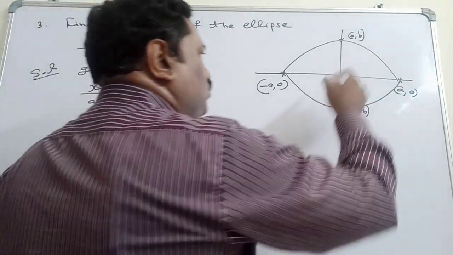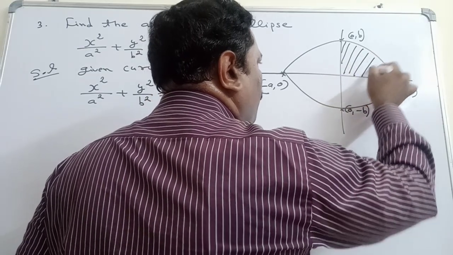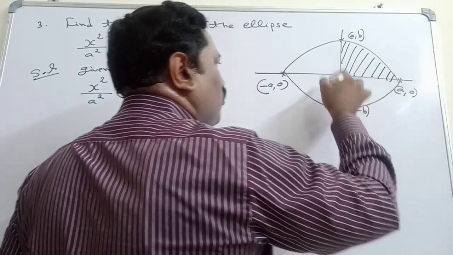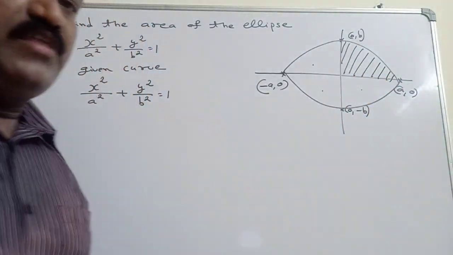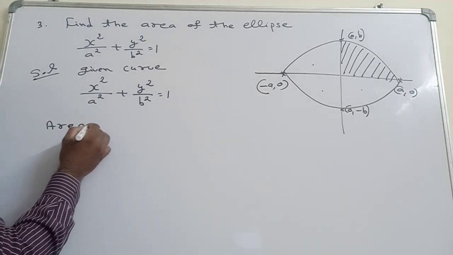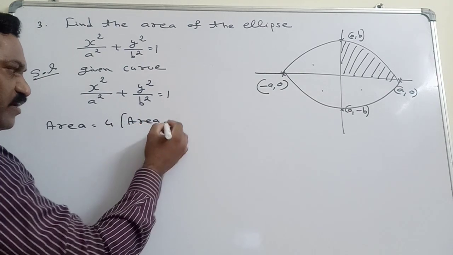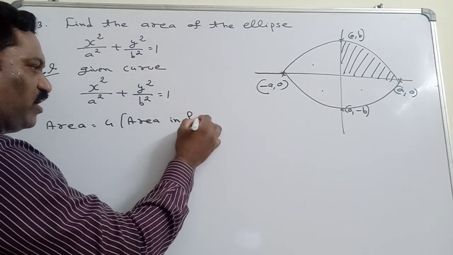That's why first we will find the area bounded in the first quadrant only, and we will make it 4 times, then we get this entire area. Therefore, the required area is equal to 4 times the area bounded in the first quadrant. So area in the first quadrant.